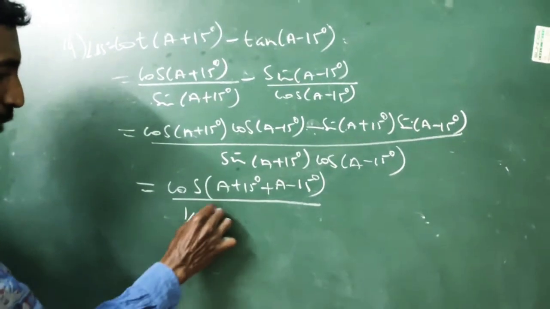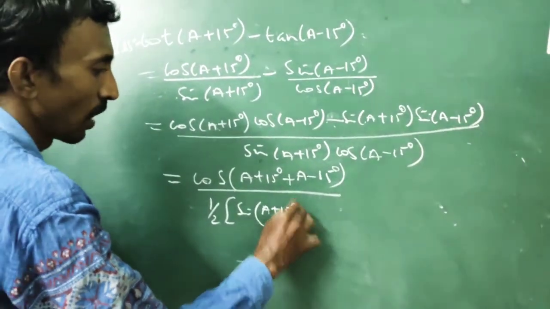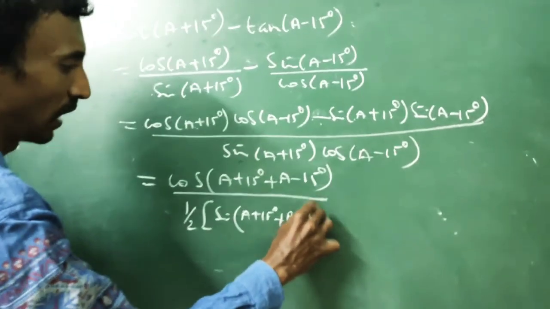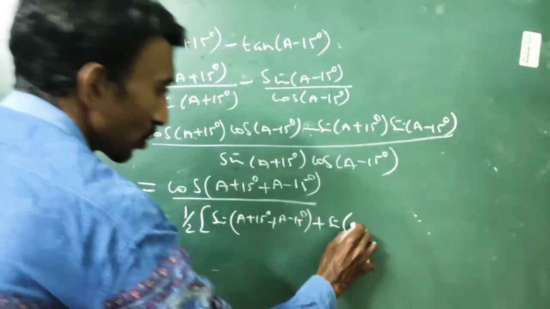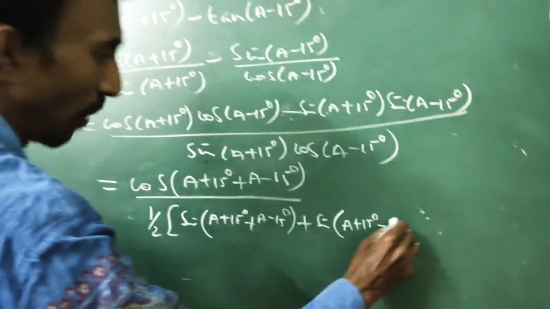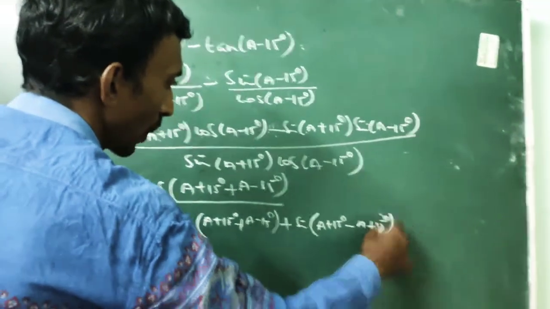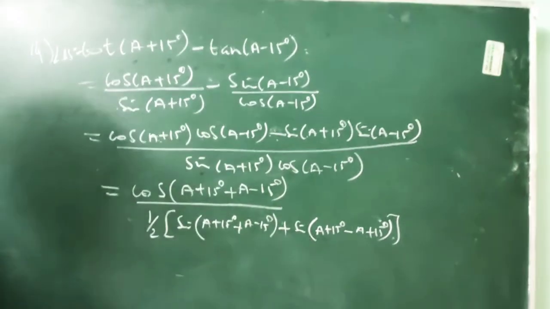So 1 by 2 into sin of (a plus 15 plus a minus 15) plus sin(A minus B), so (a plus 15) multiplied by the negative, minus (a minus 15). Be careful with that term.